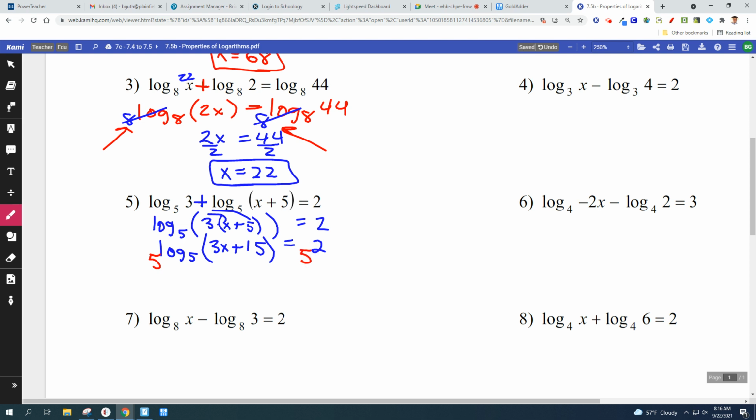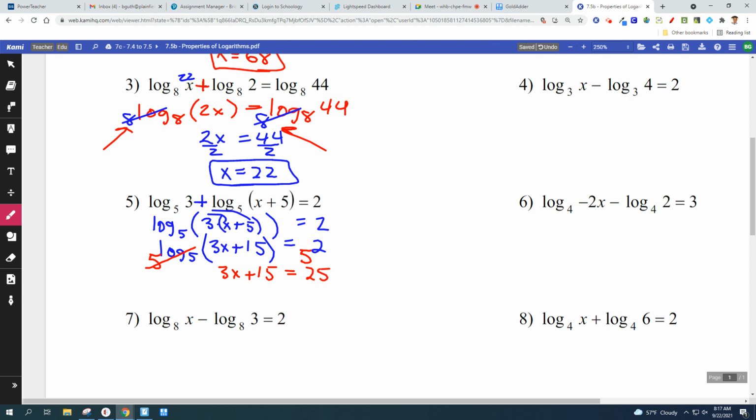It will cancel out on the left side, but not on the right side because there's nothing to cancel out there. You just have 5 squared, and you should know 5 squared is 25. So 3x plus 15 equals 25.